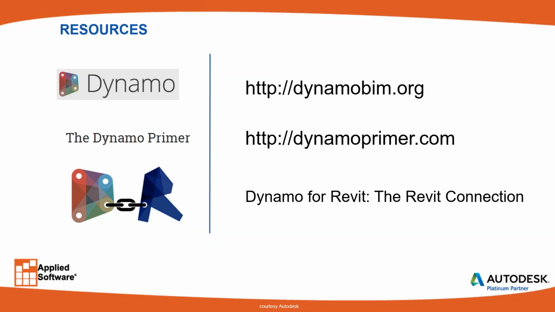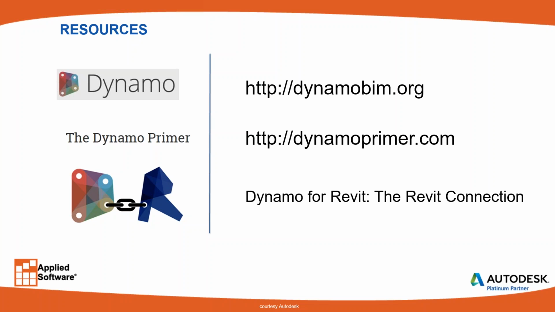Now, if there is something you're doing on a regular basis in your business, something in a project that you have to do over and over again, and it repeats on the next project and the next project, then in this case, contact Applied Software. We have our own development team who can help you write a program that will end up being an add-in in Revit that will take care of that for you.